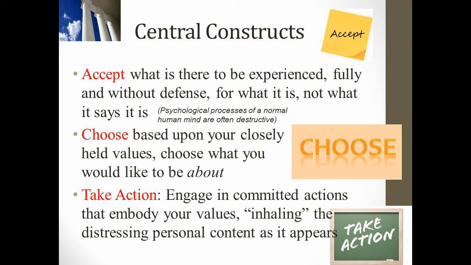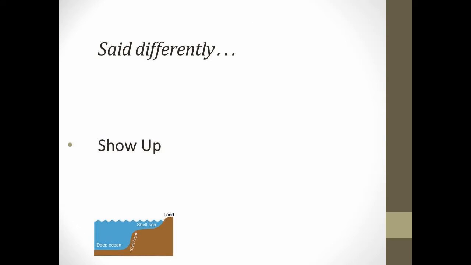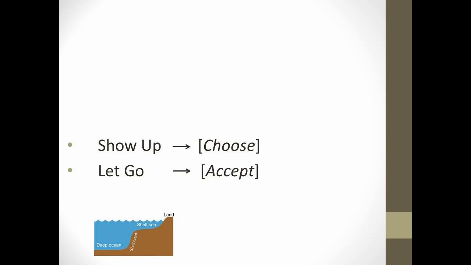Let's simplify this and say it differently. With ACT, we need to show up, or choose, as we said earlier, let go, or accept, and get moving, which is the same as take action. Note that our acronym is now CAT, but hopefully you get the picture.